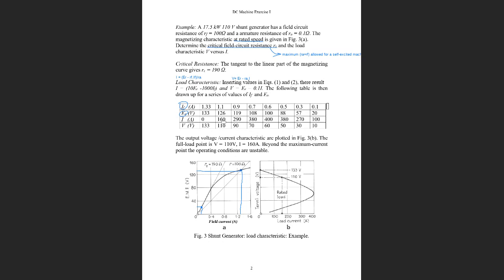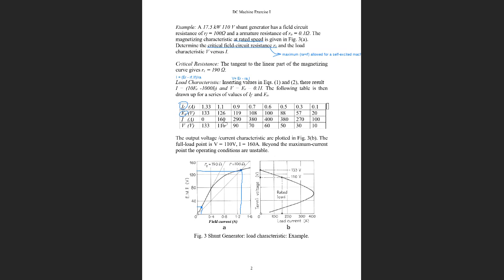Corresponding to these points, for the terminal voltage and the loading current, if IF equals 1.1, the internal generated voltage will be 126, and you can calculate the loading current I will be 160 amperes.